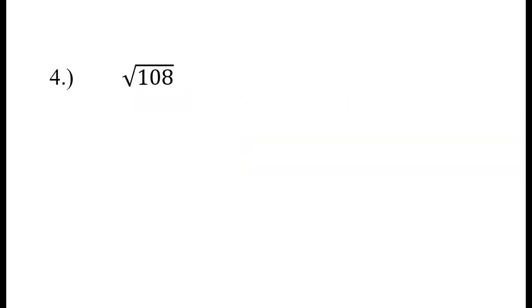Okay, same process. Let's take 108. Start dividing by all of the perfect squares until you find the largest one that divides into 108. There are a few perfect squares that will divide into 108, but the largest one is 36. So I'm going to rewrite this as 36. And if you're wondering where I'm getting this other number from, it's basically what times 36 is equal to 108?